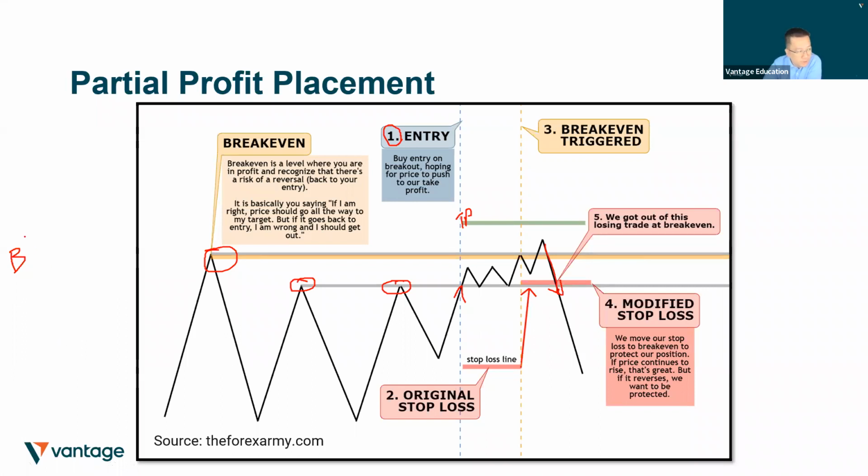If you're buying, and then as price goes up, your resistance level is there. If you were anticipating for price to continue trading higher, you would first either consider moving your stop loss up, as you try and secure the profits, or you could be looking to close out part of the trade, or partial profit placements.